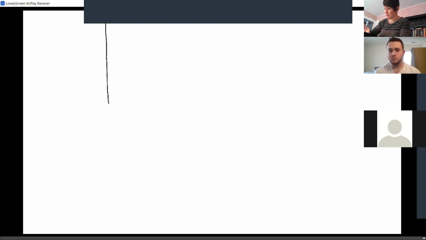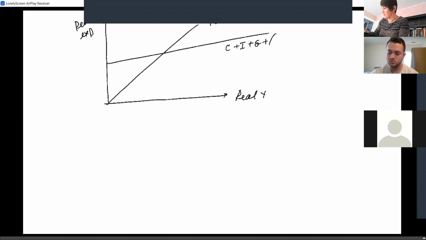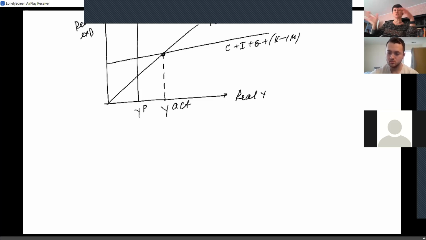Another condition. Real expenditure, real GDP. That's our 45-degree line. And here's our total expenditure line. And our dotted line indicating actual GDP. Another condition is when potential GDP is located to the left of actual.